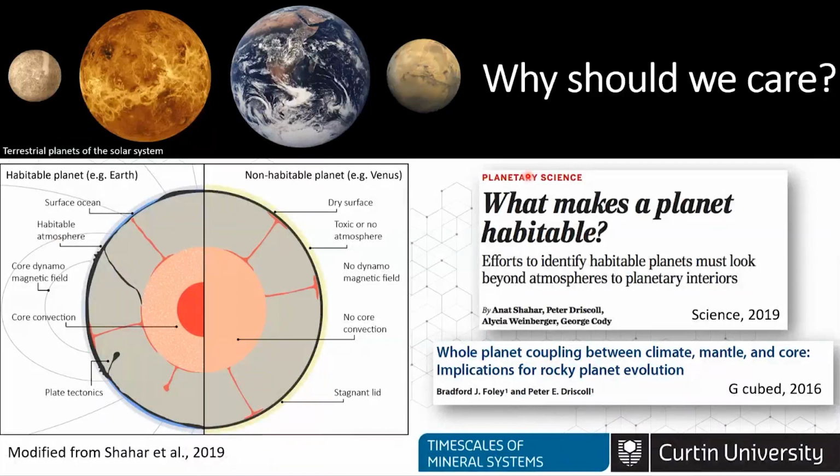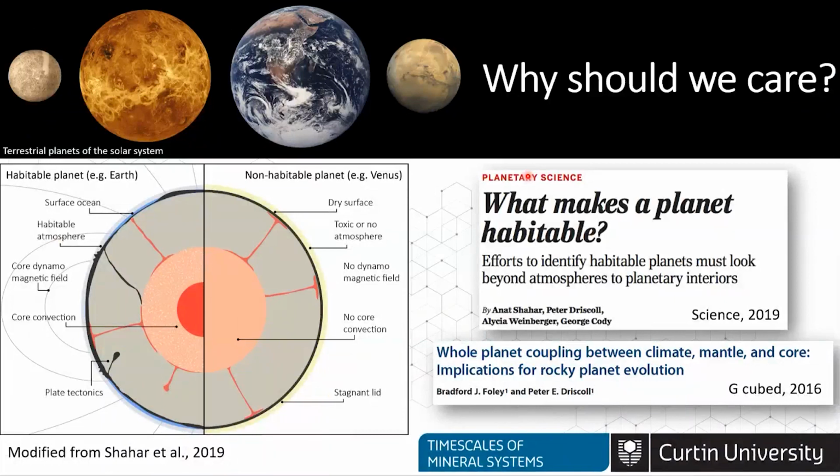So why should we care about continents and our atmosphere? Well, it has been argued that many of the habitable features of Earth, including our hydrosphere, our oxygen-rich atmosphere, and also our magnetic field that's shielding us from solar wind, are linked to the planet's interior.